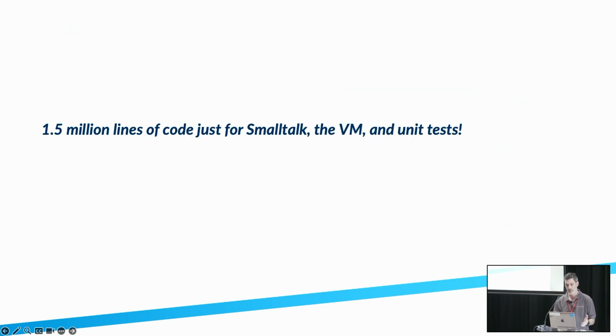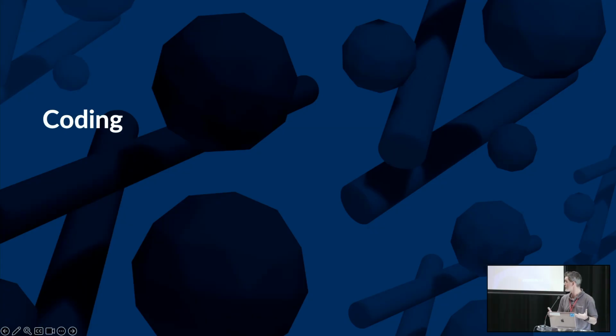So that means more or less that just with Smalltalk, the VM, and the tests, we have around 1.5 million lines of code. So that requires quite some challenges for Instantiations to maintain and evolve the product and have the quality that our customers deserve.